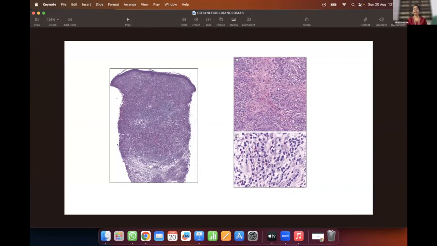You can see collections of epithelioid histiocytes along with these lymphoid cells. These lymphoid cells are larger and pleomorphic with irregular nuclear contours. So we should not write it off as just lymphocytes. You have to look at their nuclear outlines. They're irregular and larger than normal lymphocytes. So this is a diagnosis of indolent T-cell lymphoma.